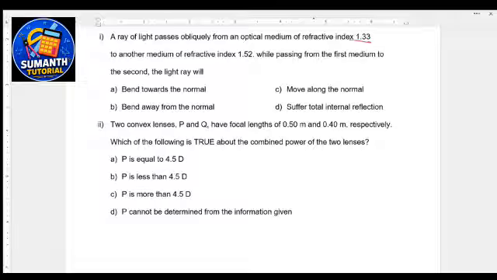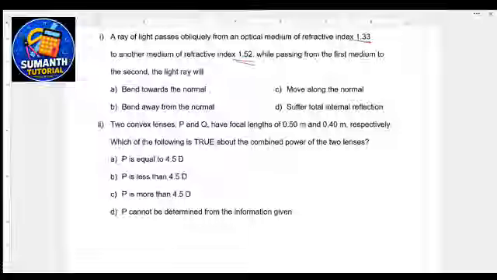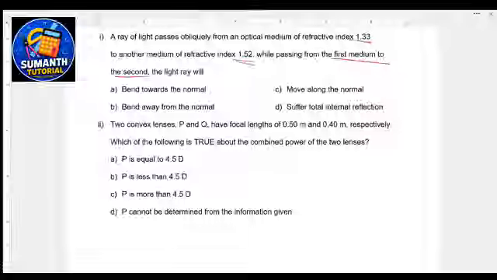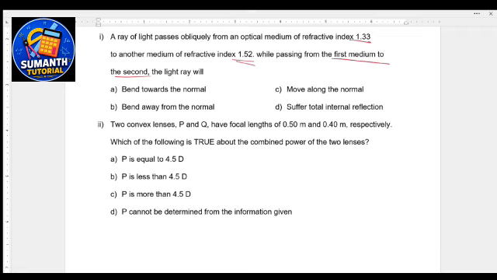It's a direct question, but two things you should remember here: the refractive indices of the media, and from which medium to which medium the ray of light is passing. These two are most important. The ray of light is moving to a medium with a higher refractive index than the previous one.